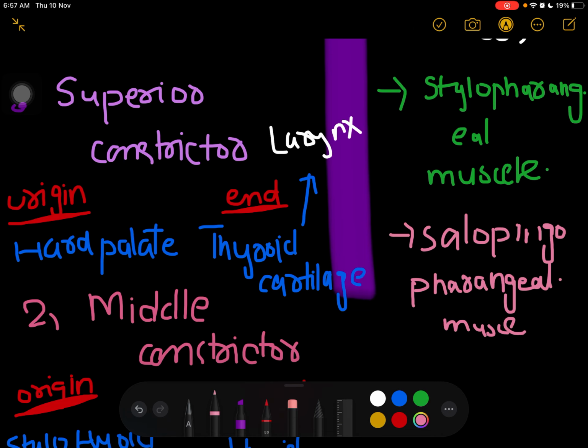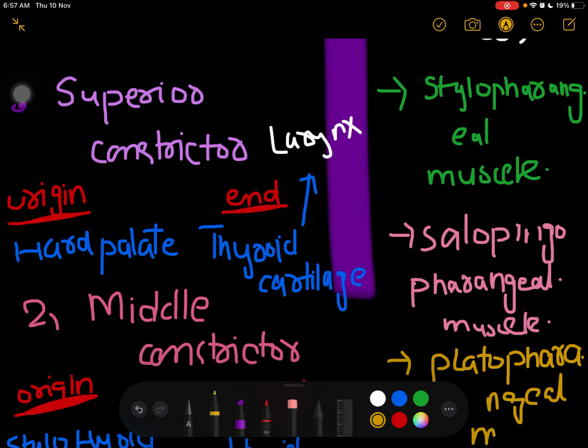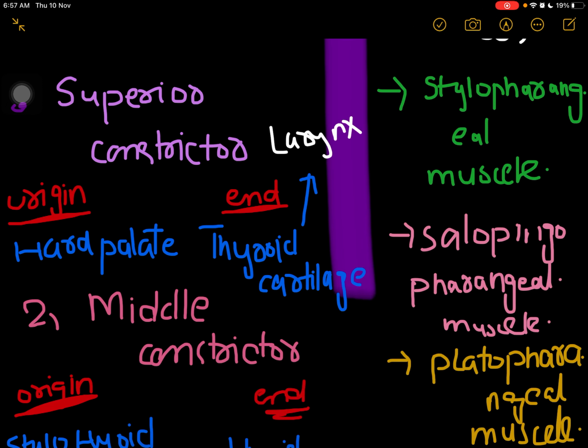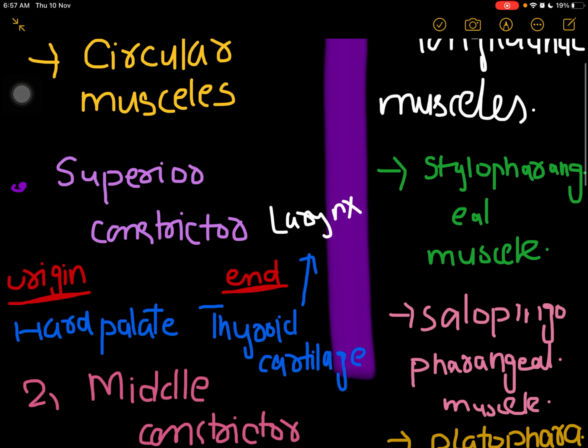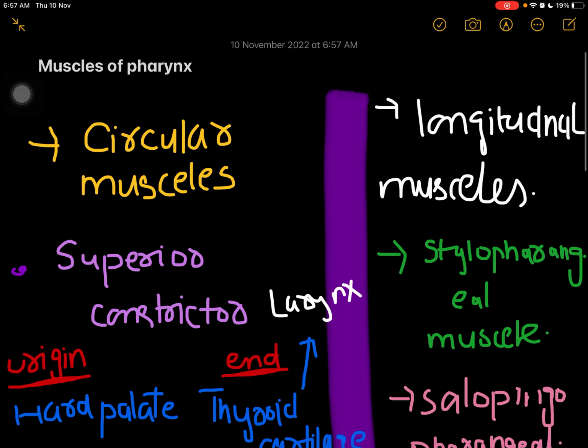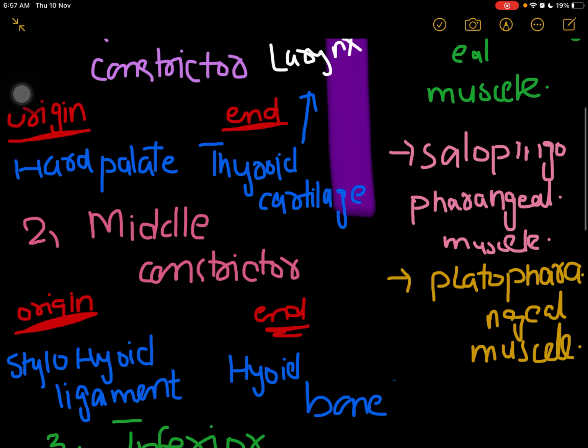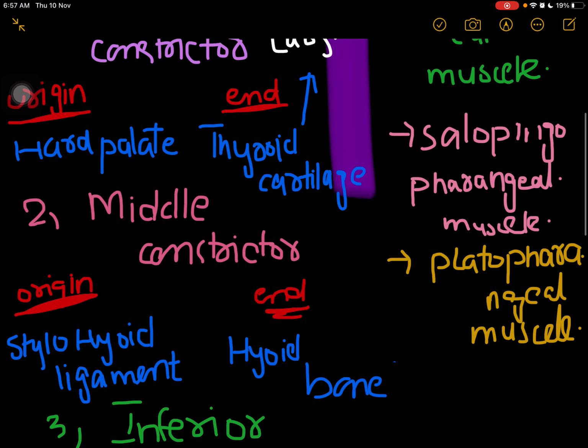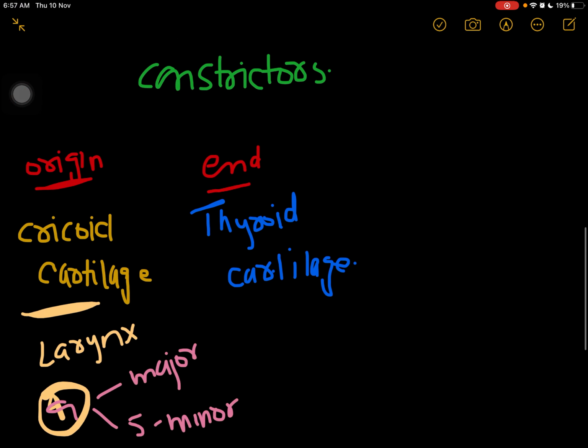It is also a muscle, right? And number third, we are having the palatopharyngeal muscle. So of the longitudinal muscles, the first is the stylopharyngeal muscle, the second is the salpingopharyngeal muscle, and the third is the palatopharyngeal muscle, right? So these are the muscles of the pharynx.